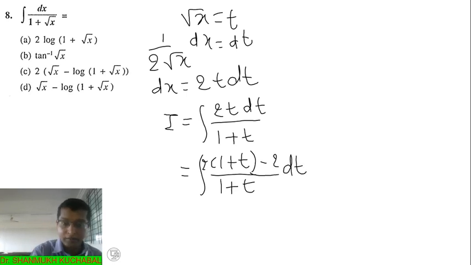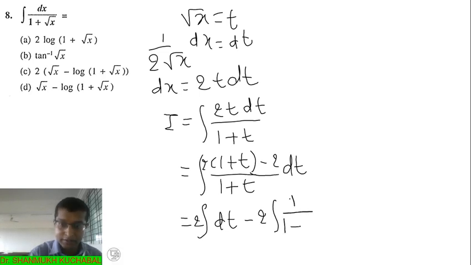So what I will do is take first term divided by denominator, so we get 2 times dt, minus, we will take 2 as a constant outside, second term, that is 1 divided by function 1 plus t into dt.